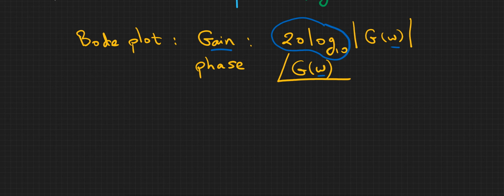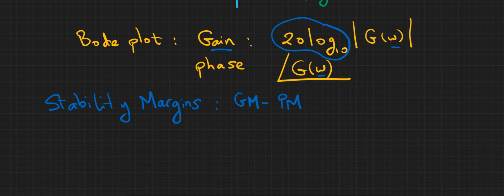And one more thing that we discussed was what we call the stability margins. This is one of the very important concepts in control, and we talked in particular about the gain margin and the phase margin. I'm not going to talk about them again here, but we will consider them in this lecture from the control design point of view.